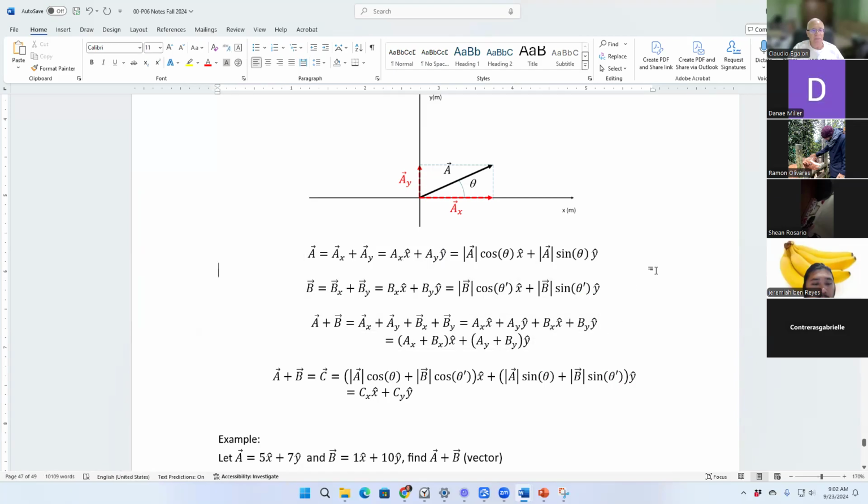You're going to see why it's very convenient to do that very soon. It's very convenient when you sum vectors, when you subtract vectors.